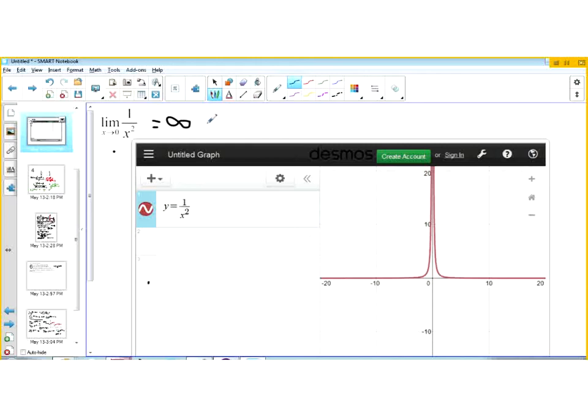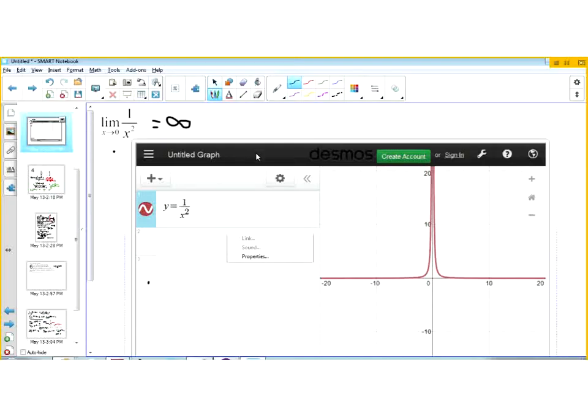So infinity can be a plausible result for limit problems. Okay, so just be conscientious of that. And if necessary, we can use a table to demonstrate this concept even more. Let me post a table. Now 1 over x squared is an even function.